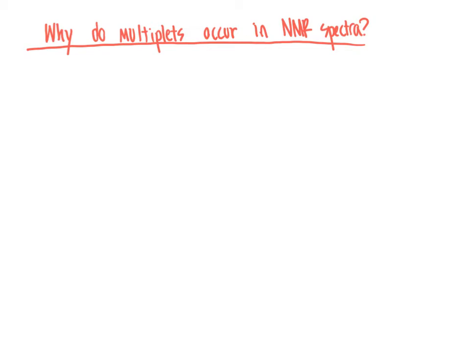So the next question we will ask is, why do we observe multiplets in NMR spectra? In other words, why don't we just see the signals appearing as single peaks all the way through the spectrum? Well, when we talked about chemical shift, we mentioned that protons have a resonance frequency when subject to an external magnetic field.